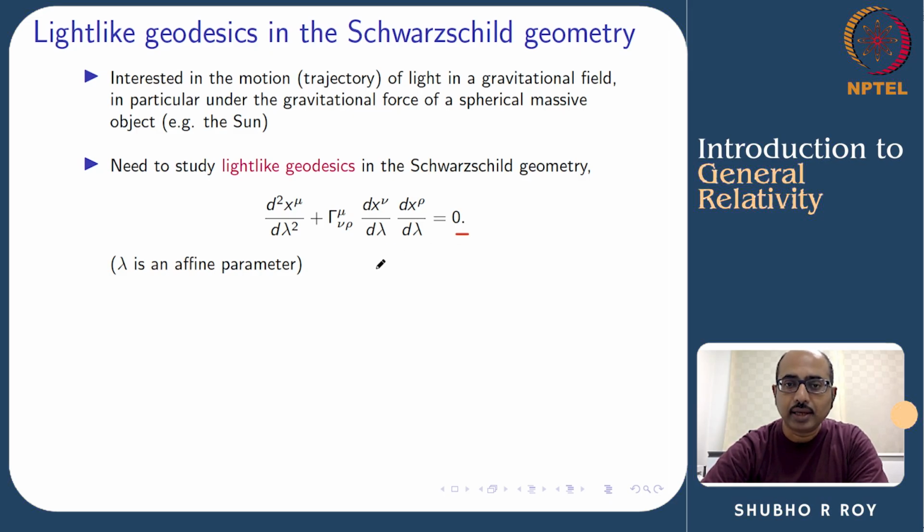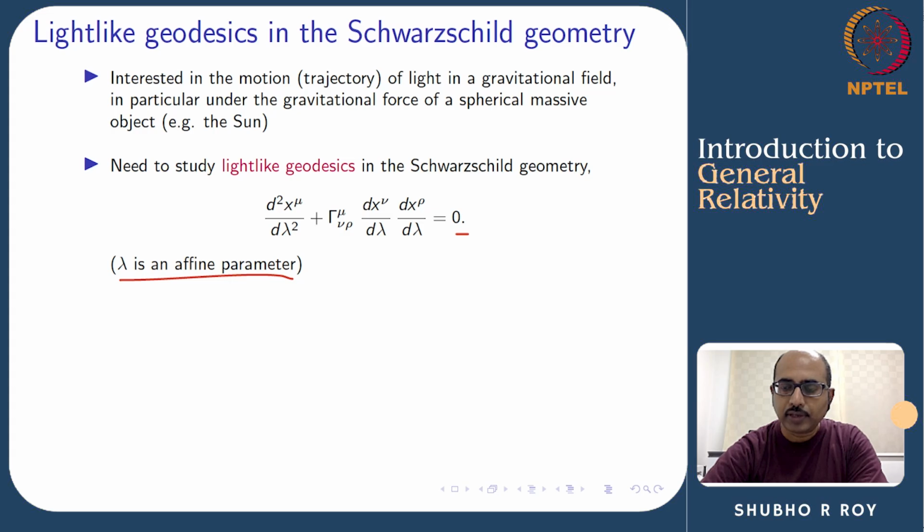However, unlike the timelike geodesic, this lambda, the affine parameter, cannot be identified as the proper time. So we will just call it an affine parameter. We cannot identify it with the proper time because for light, the concept of proper time doesn't make sense. So this is a general geodesic equation in a general affine parameter.